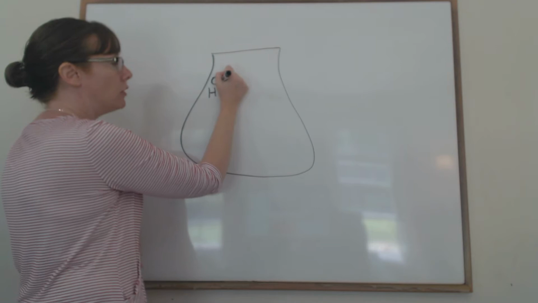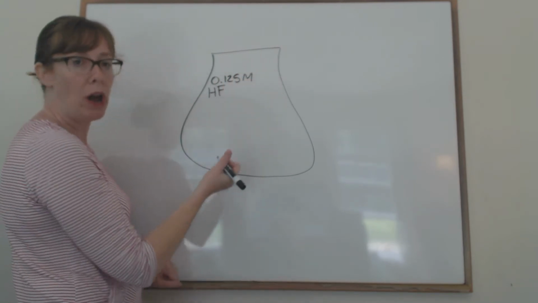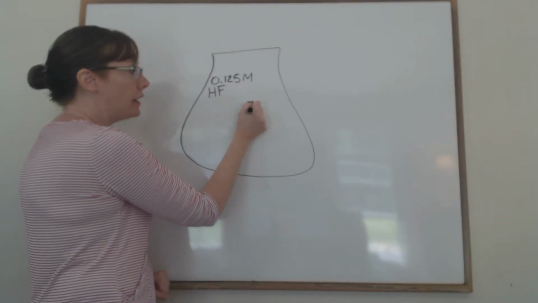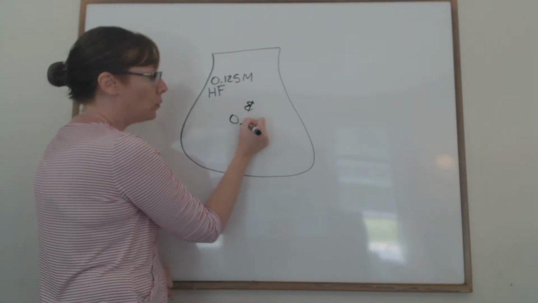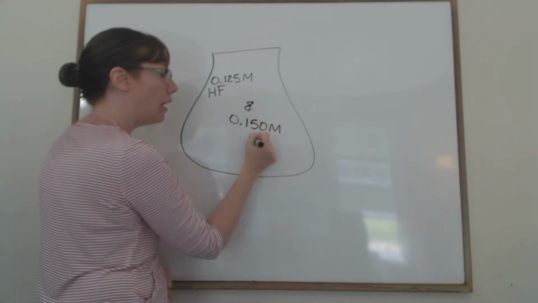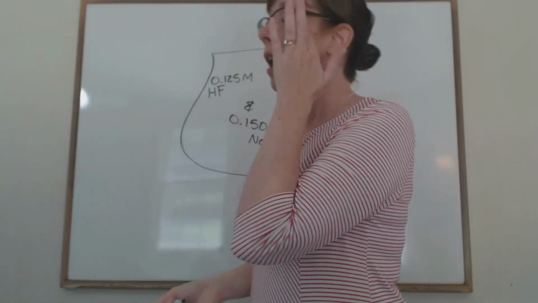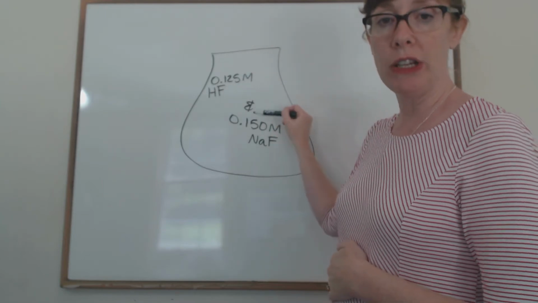Let's just say we've got 0.125 molar hydrofluoric acid, it doesn't have to be 0.100, and you've got 0.150 molar of NaF. That would be a buffer. Notice I use two different concentrations.